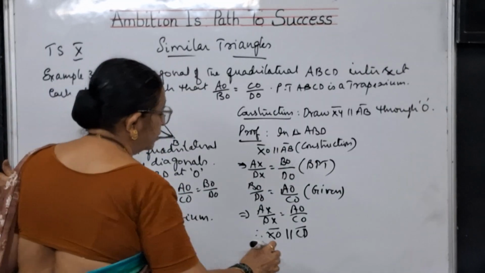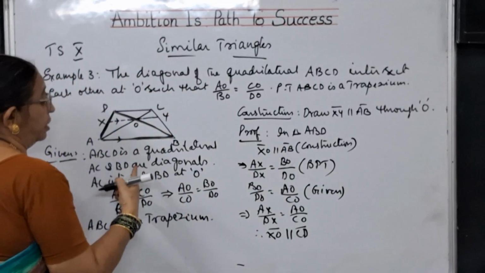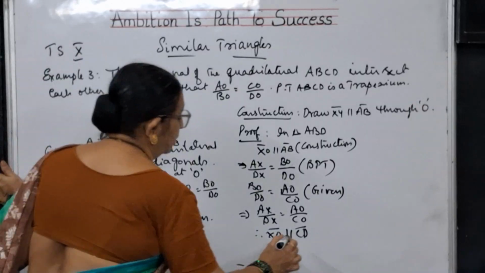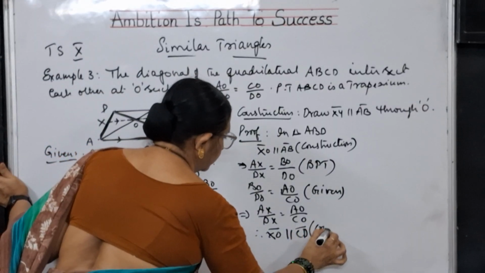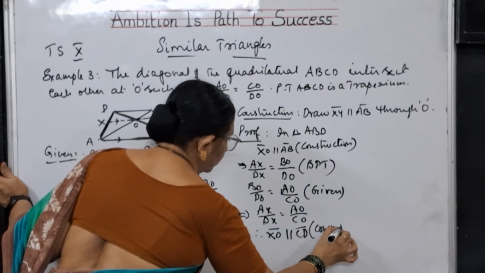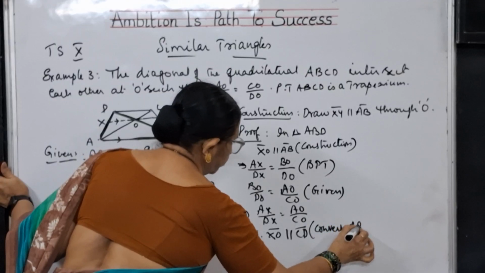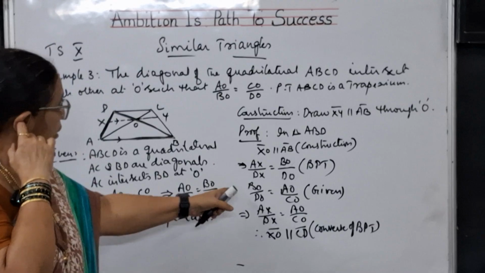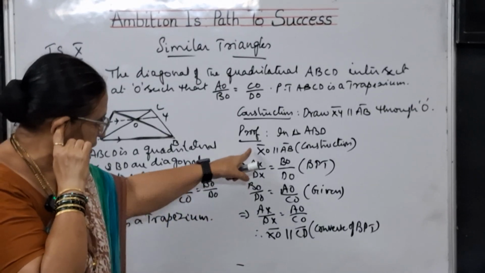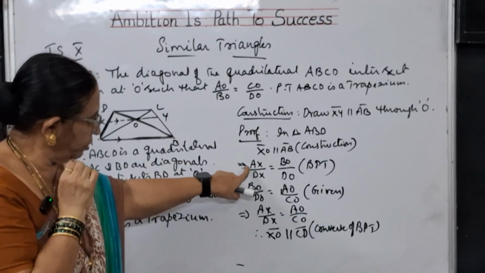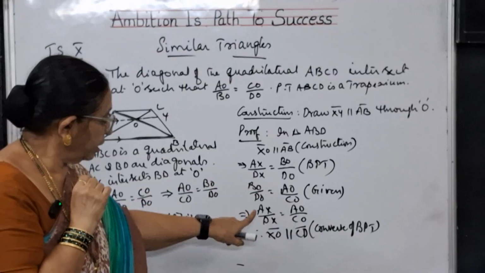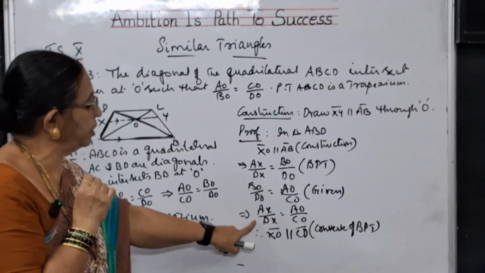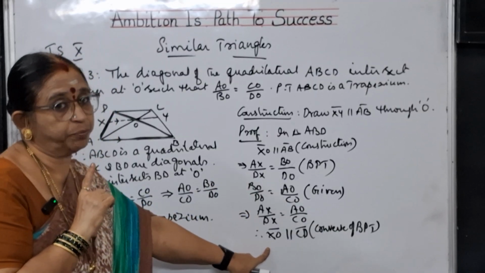Basing on when sides are proportional, then the line is parallel. This is converse of BPT. Basing on converse of BPT, here sides are proportional, so we are getting them as parallel.